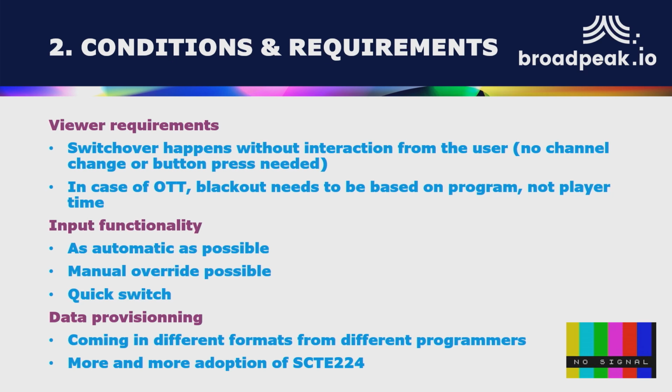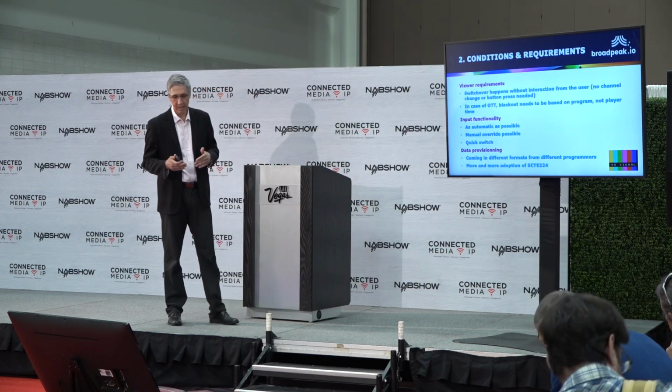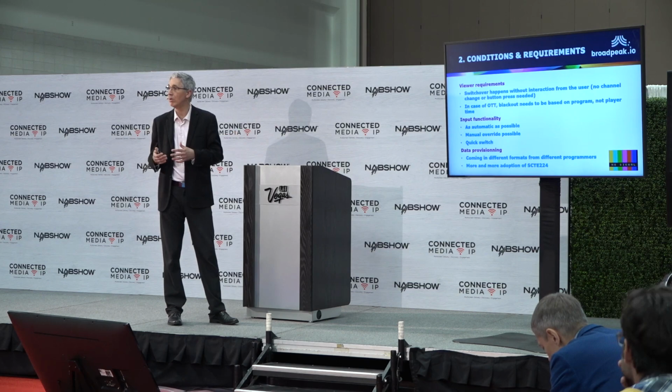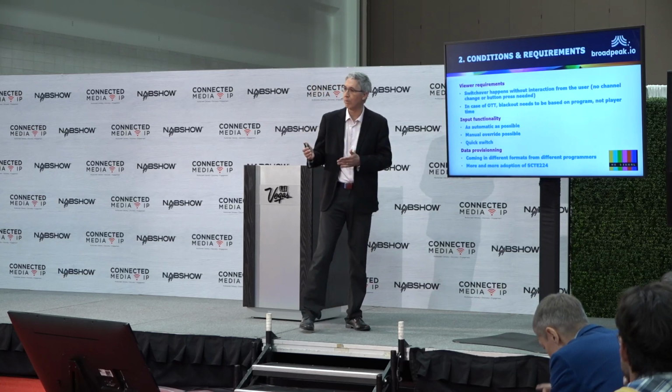From a functionality standpoint, it needs to be automated. When the switching occurs, it needs to be as seamless as possible. And as we've seen, we still need to have manual override because there are several situations where it needs to be delayed or extended.